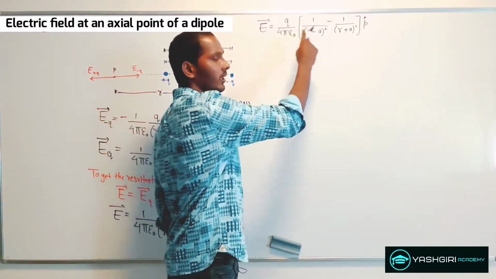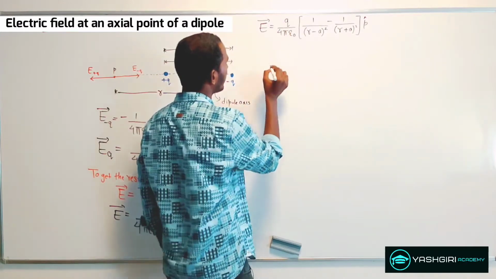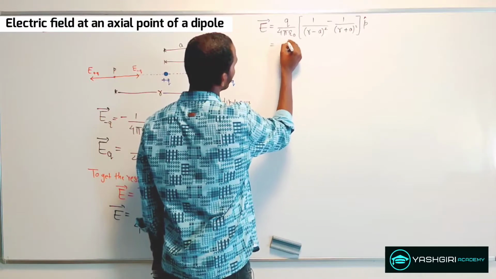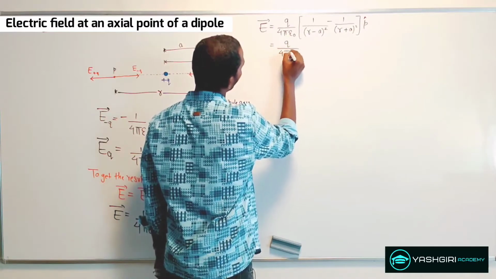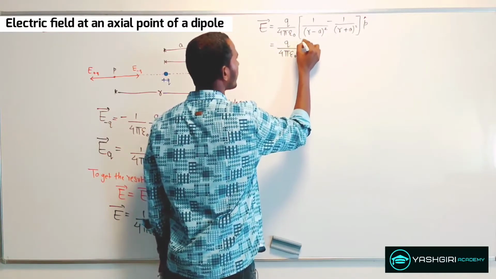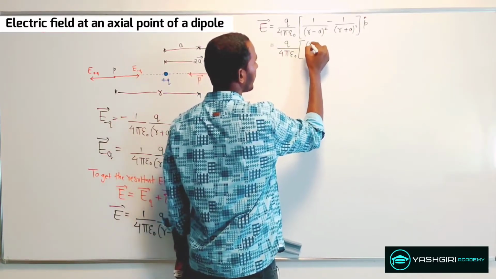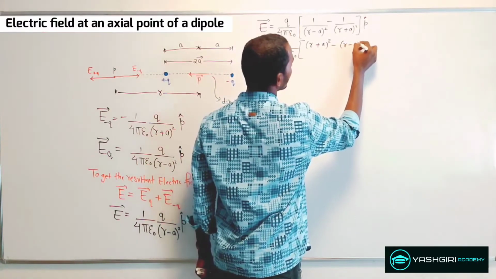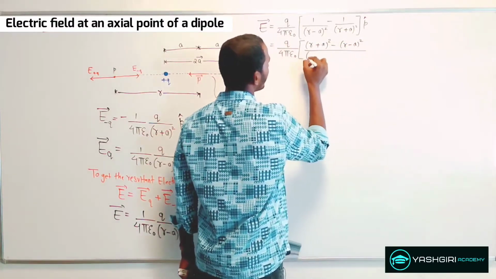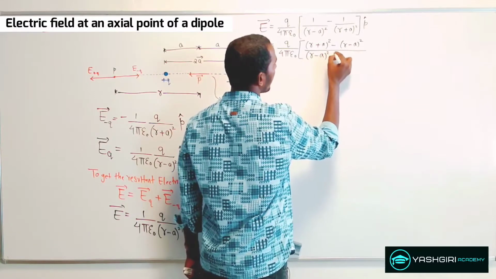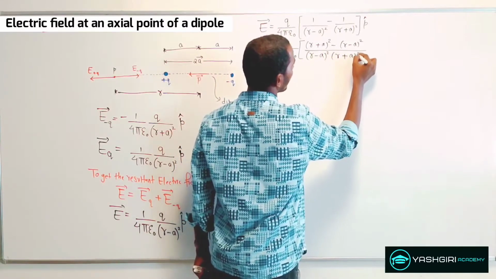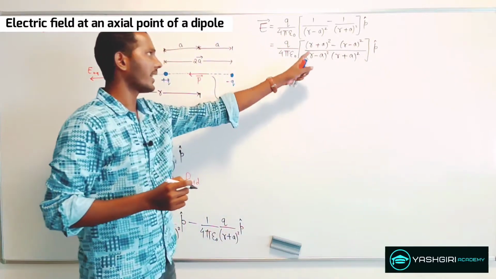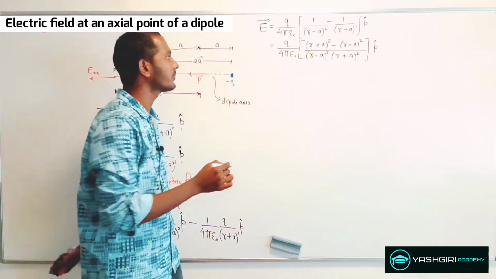So I can cross multiply this. Here you will get q upon 4 pi epsilon naught, and that will give me (r plus a) square minus (r minus a) square divided by (r minus a) square into (r plus a) the whole square, into the p cap. Here this is (a plus b) square, you can open this up.